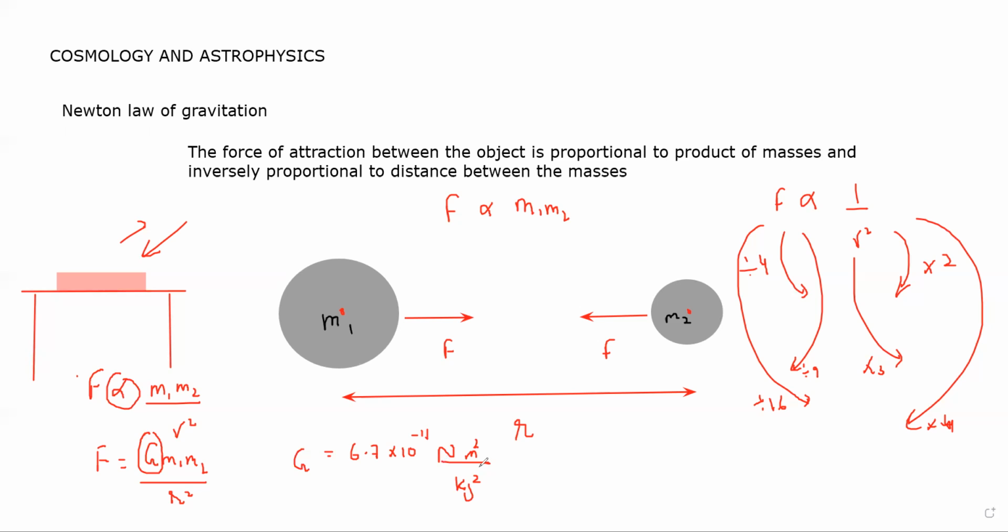So according to Newton's law of gravitation, the force of attraction between the two masses is directly proportional to the product of the masses and inversely proportional to the square of the distance between the centers of the two masses. And this gravitational field is applied by exchanging particle bosons, which are known as gravitons. The region where the gravitational force can be experienced is called the gravitational field.